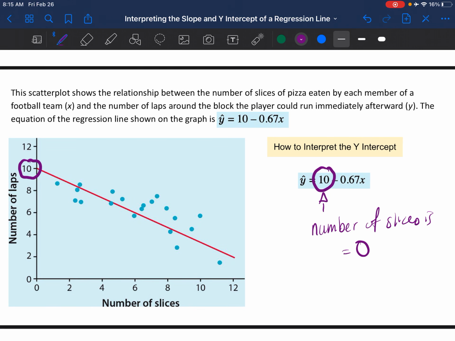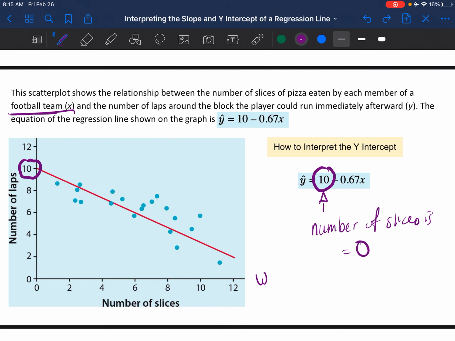And I think about, well, what does that mean? That means most of the football players, this is the football team, we predict they can run 10 laps if they have not eaten.